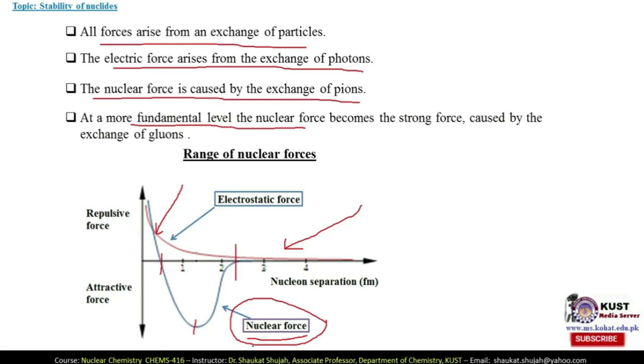So the nuclear force is a short range force and is effective between the nucleons at a distance of about 2.5 femtometers, and becomes a repulsive force if the distance between the nucleons decreases below 0.5 femtometers.